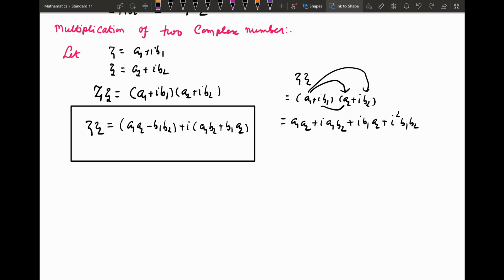Now when we write the real part, which does not contain I, the real part is A1 A2, and since I square is minus 1, this is minus B1 B2.